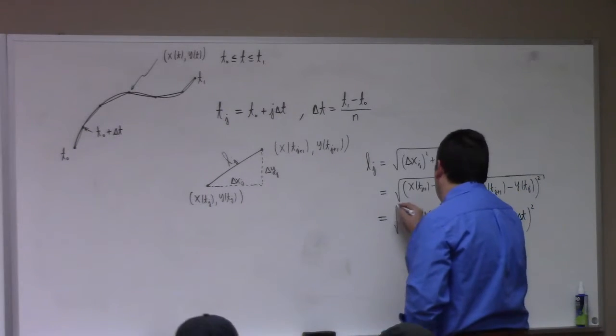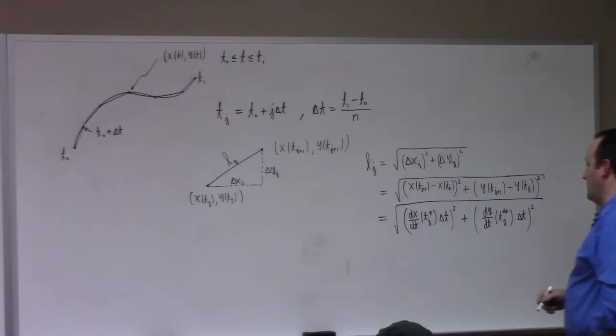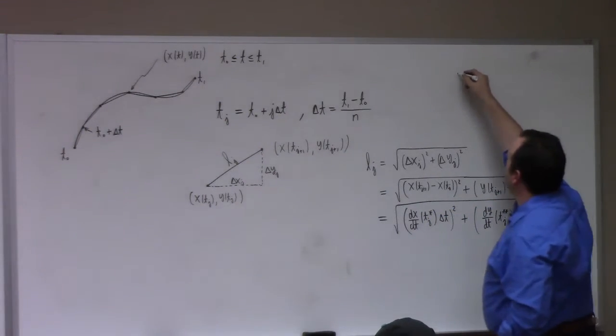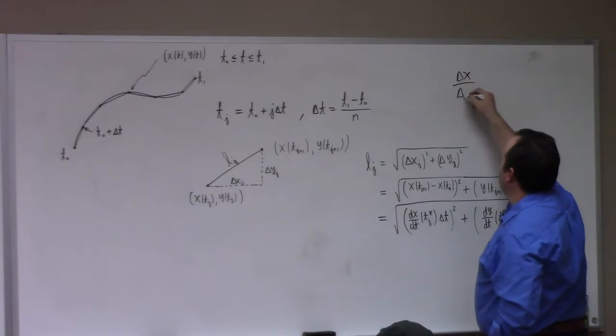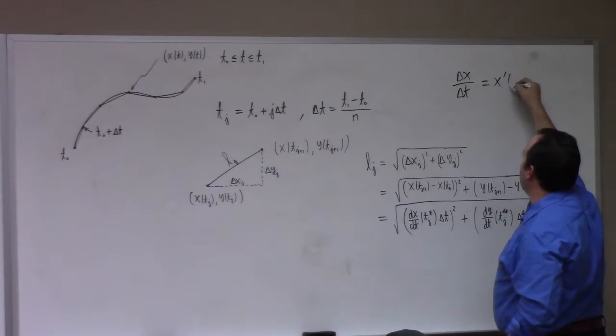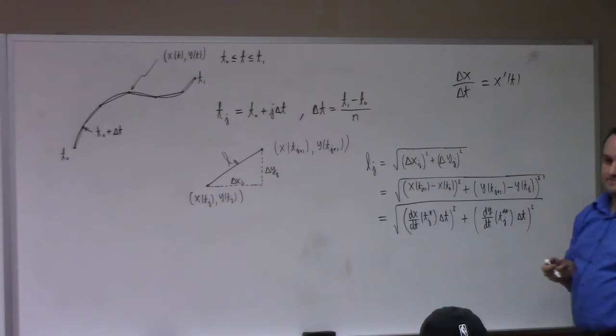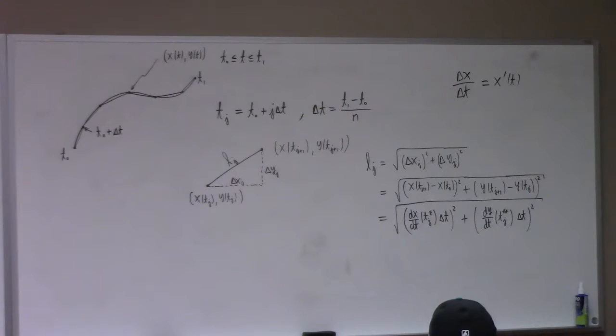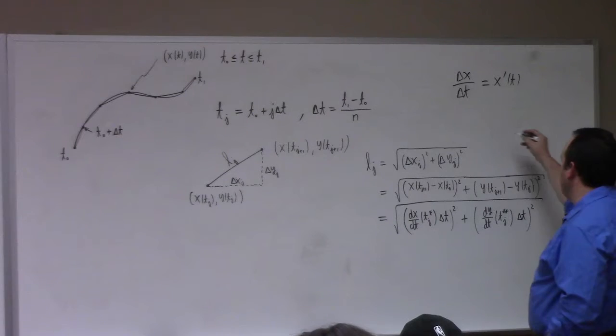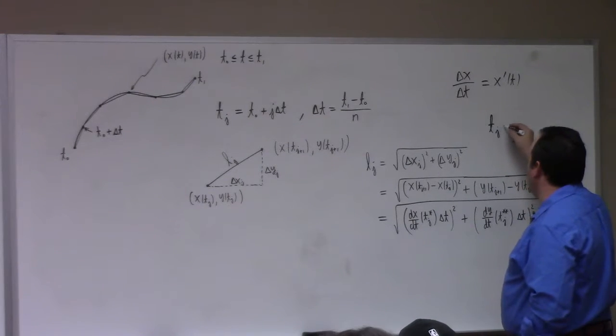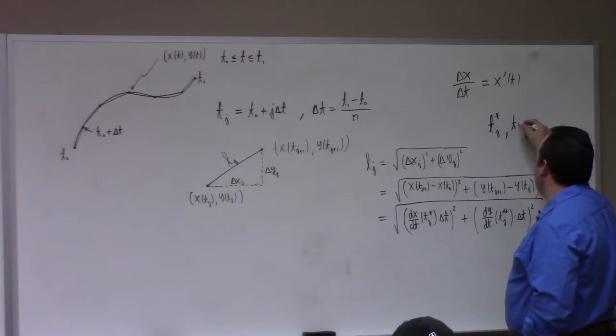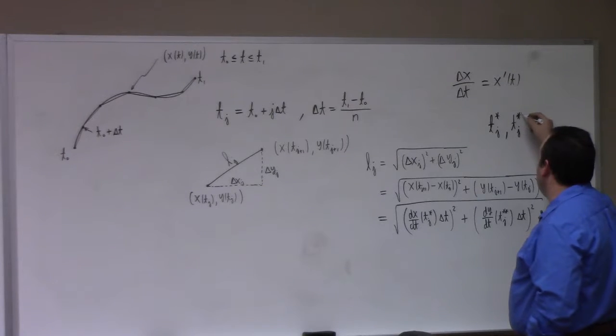So the mean value theorem basically says that change in x over change in t is equal to x prime of t for appropriate t. The appropriate t has to be some time in between time j minus 1 and time j. So here we have both t_j star and t_j star star.